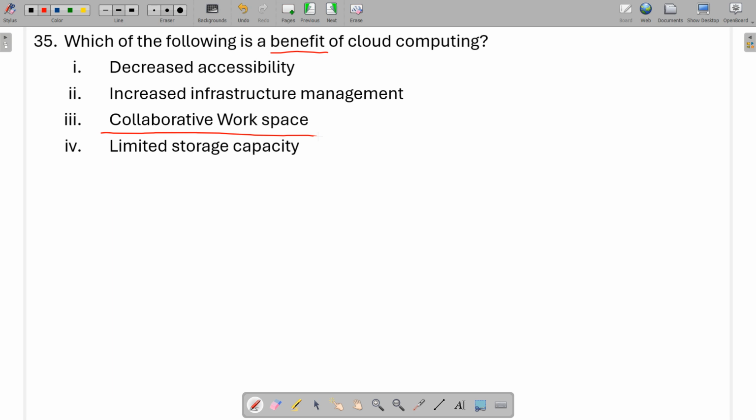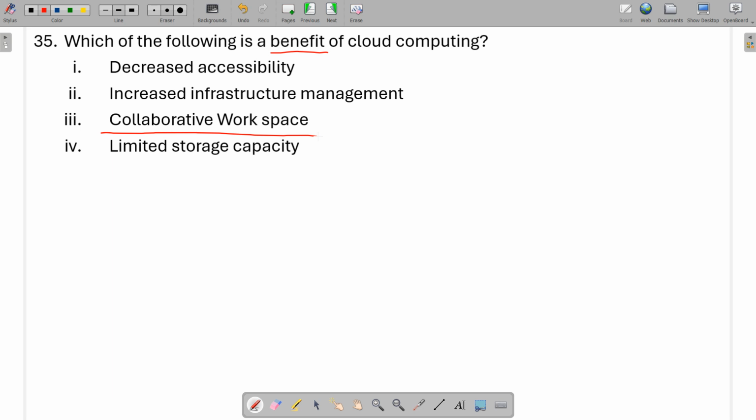And when you have a good internet connection, your accessibility is very good, because anyone with a good internet connection and the credentials can log into the cloud computing facility from anywhere at any time in the world, right?